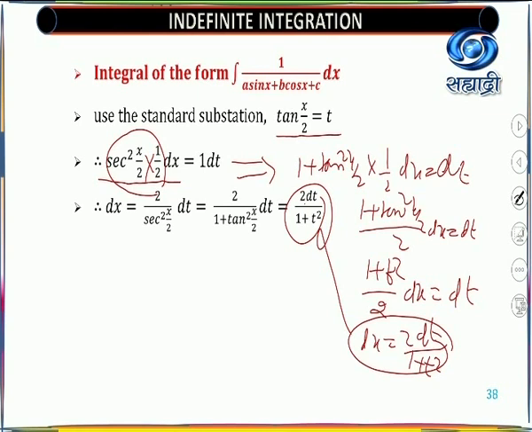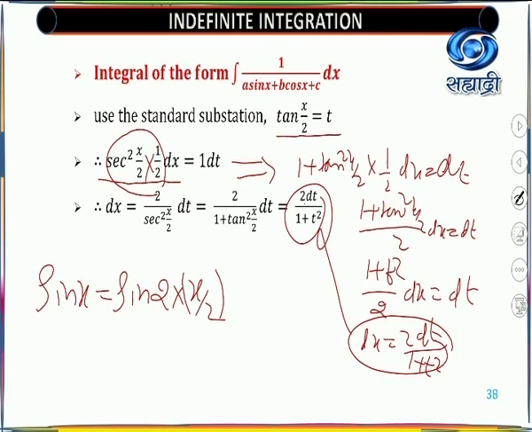Again you have the formula for sin x, that is sine of 2 into x by 2. You have two formulas, out of which we want the formula which is in terms of tan theta only.